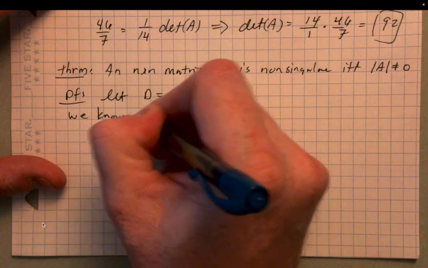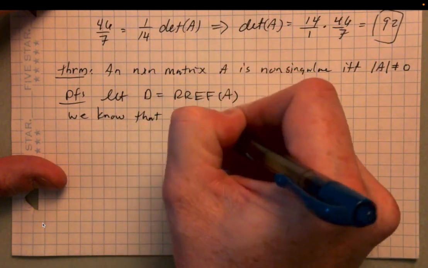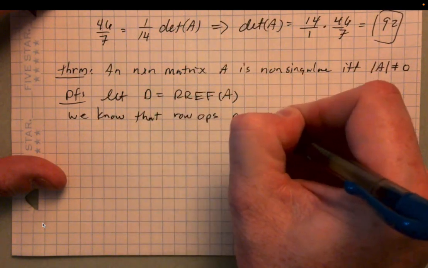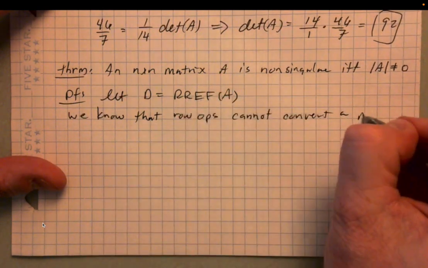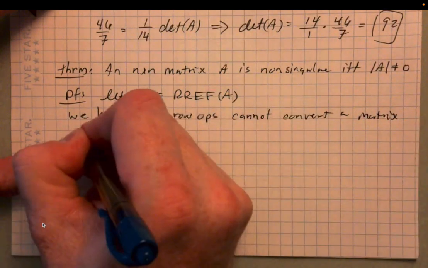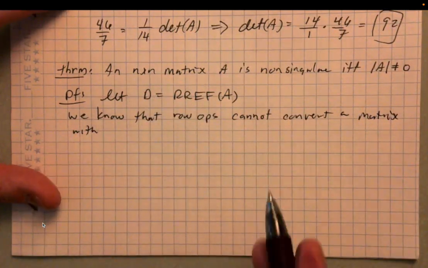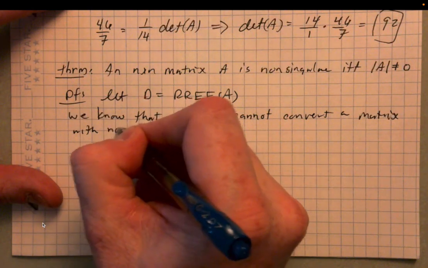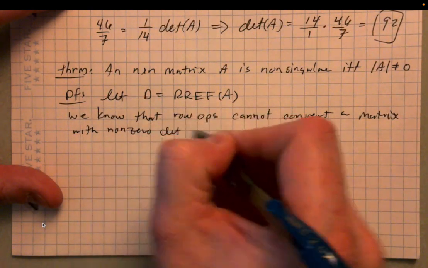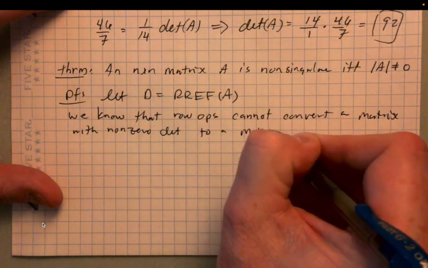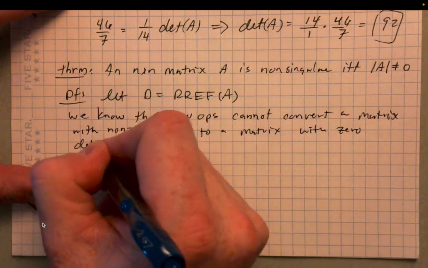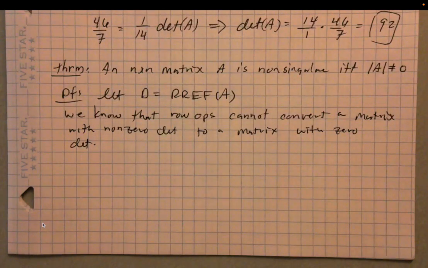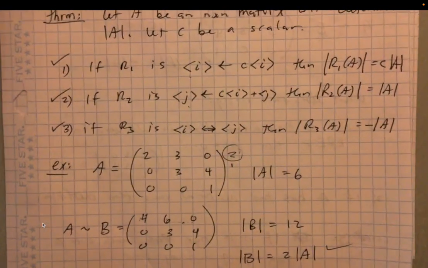So we know that row ops cannot convert a matrix with non-zero determinant to a matrix with 0 determinant. Right, now hopefully that's clear, but let's just make sure that that's clear, right?